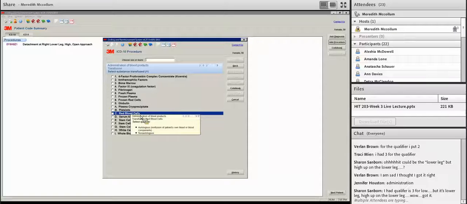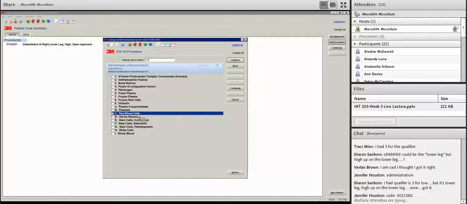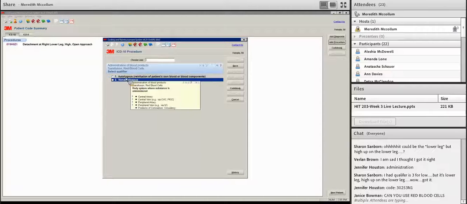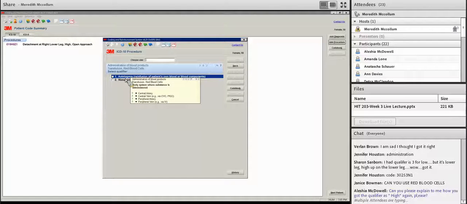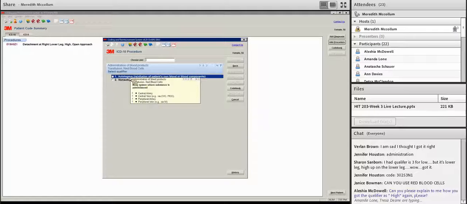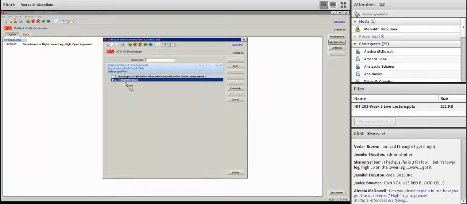Oh, red blood cells. I was having a moment. Okay, there we go. We don't know. See, we need to know, is it given? Yes, Janice, you can code red blood cells. But the problem is we don't know if it was given, if he donated his own blood, if it was given by somebody else. So we're already at our first stop. We have no idea.